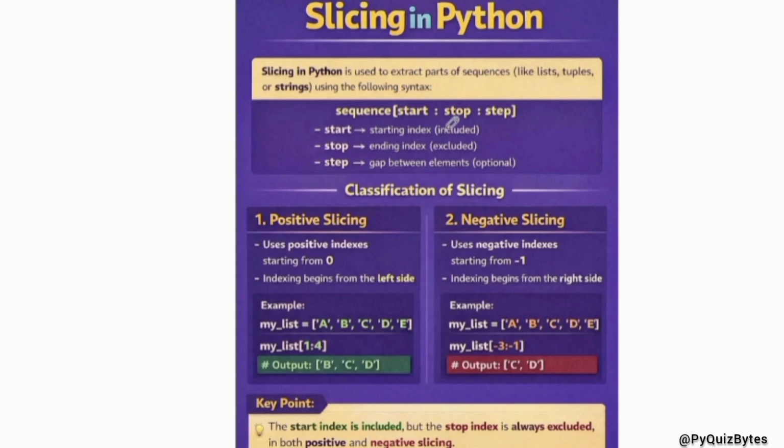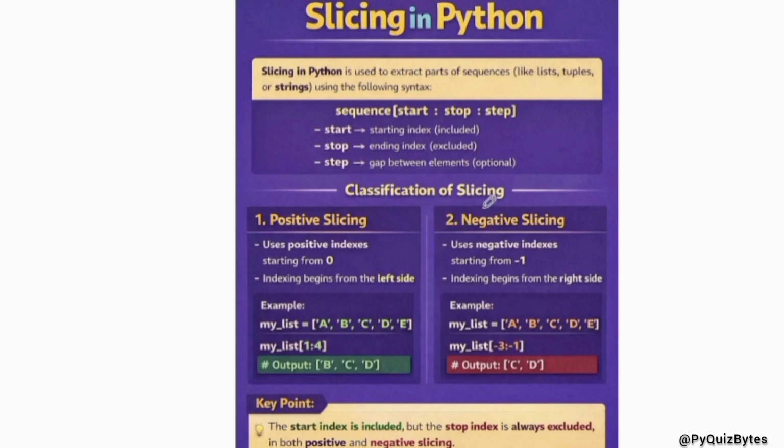And remember, stop is always excluded, meaning if you specify 5 as the stop index, it will go up to 4. The last 5 will get ignored. Coming to the last parameter, step. It is the gap between the elements and is optional, meaning whenever you want to skip some values in between, then move with the step.